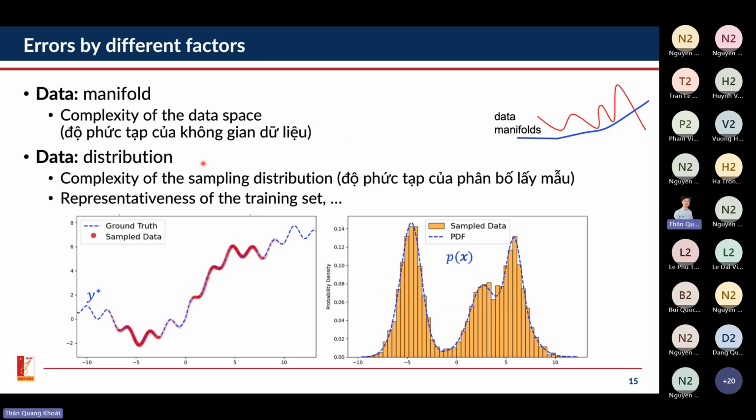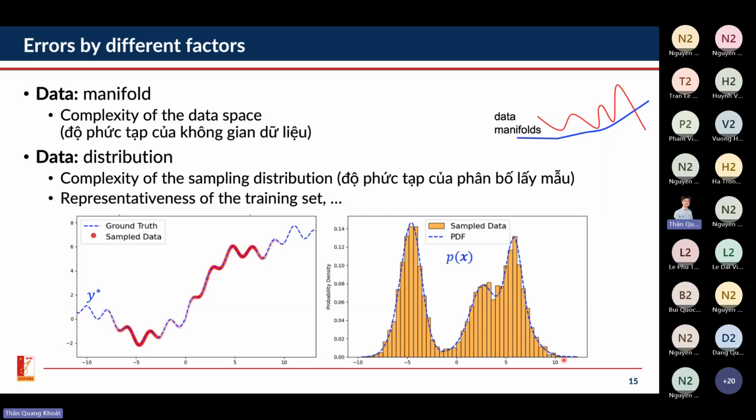And another thing is the data distribution, right? The way we collect the data. Sometimes the way we collect can be complex. For example, like this. We collect many points here, many points here, and many points here, but here there are very few, for example. So in this case, the data distribution can be complex. And sometimes the training sample can be non-representative of the whole space.